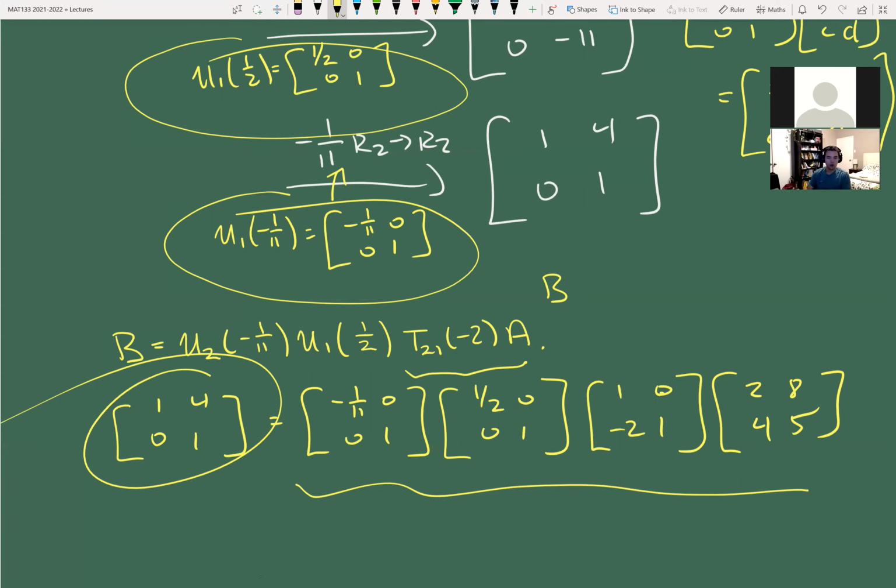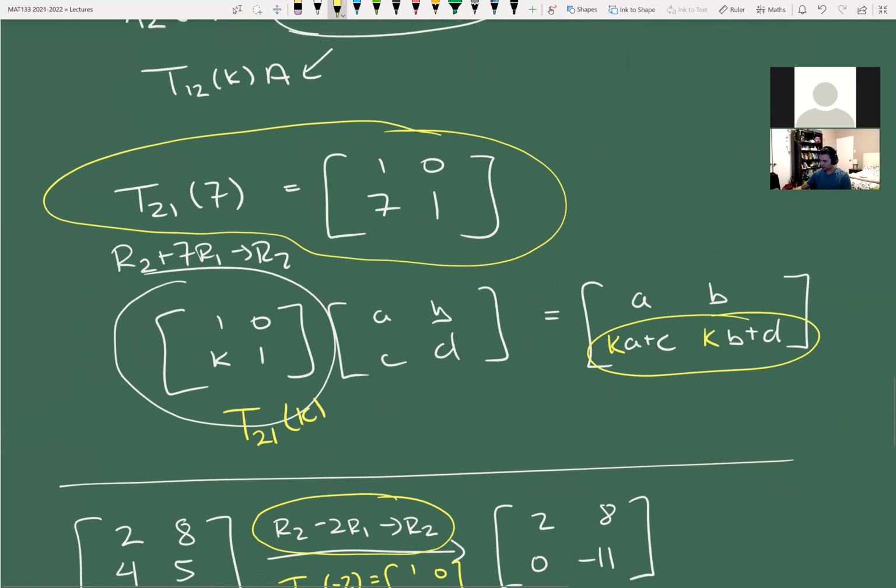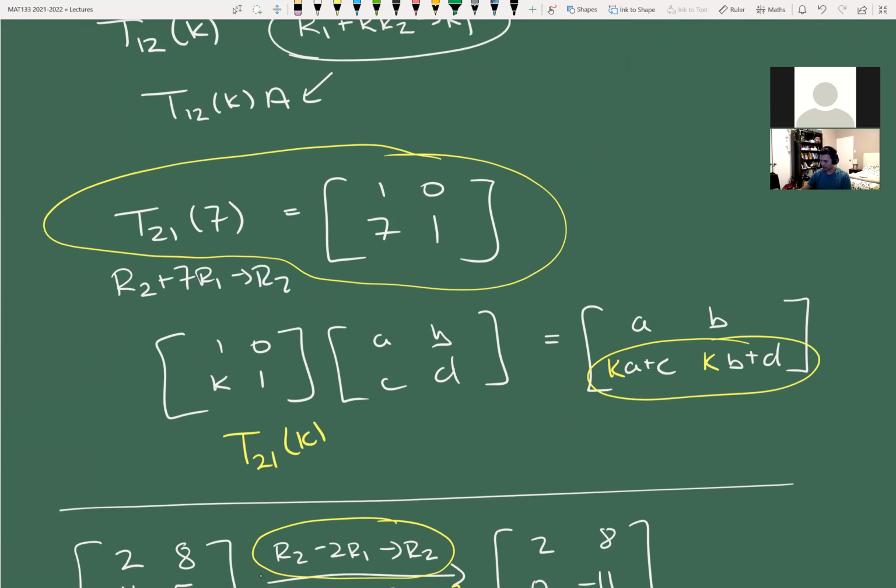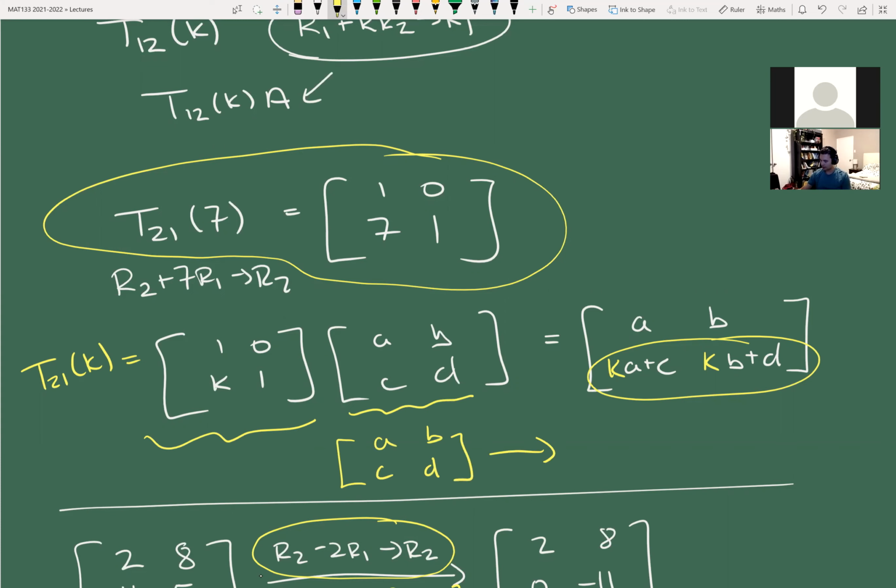Okay, so for T21, I basically gave you the answer and said, check that this works, right? Actually Brandon technically gave us this one. Then we wanted to check that it was the correct answer, so we multiplied it into A, B, C, D. If it is the correct answer, then we should get the same thing as if we did R2 plus K R1 into R2, i.e. we should get A, B, C plus KA, D plus KB.